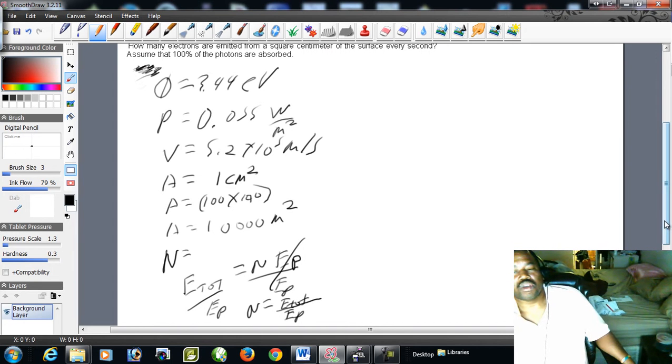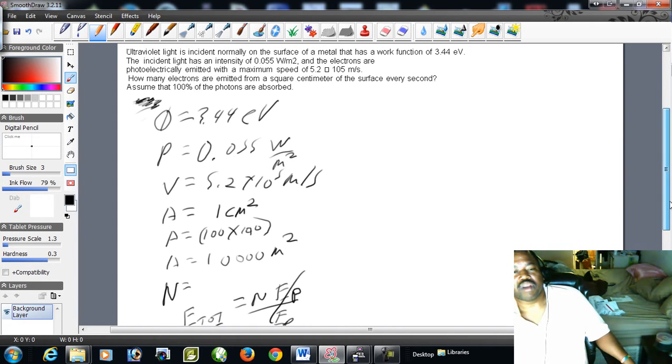Now let's go to work. They gave us some power. What do we know about power? Intensity is equal to power over area, and power is equal to IA. Recall that power is equal to energy over time.